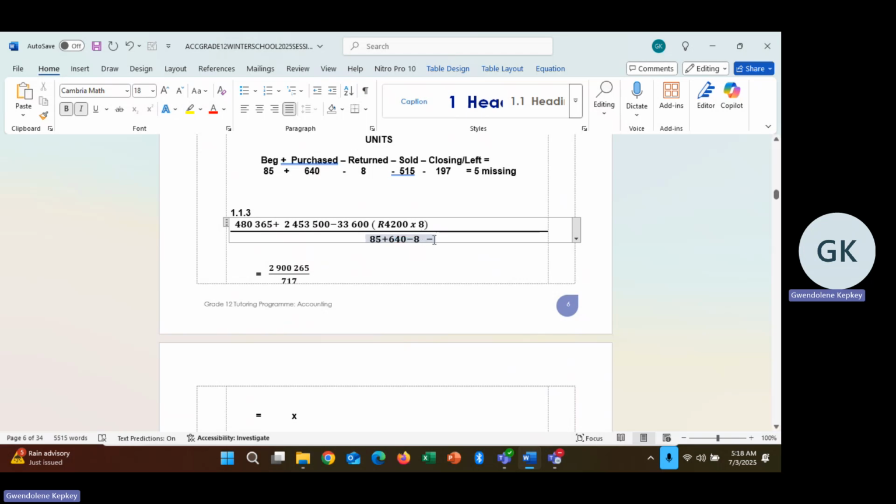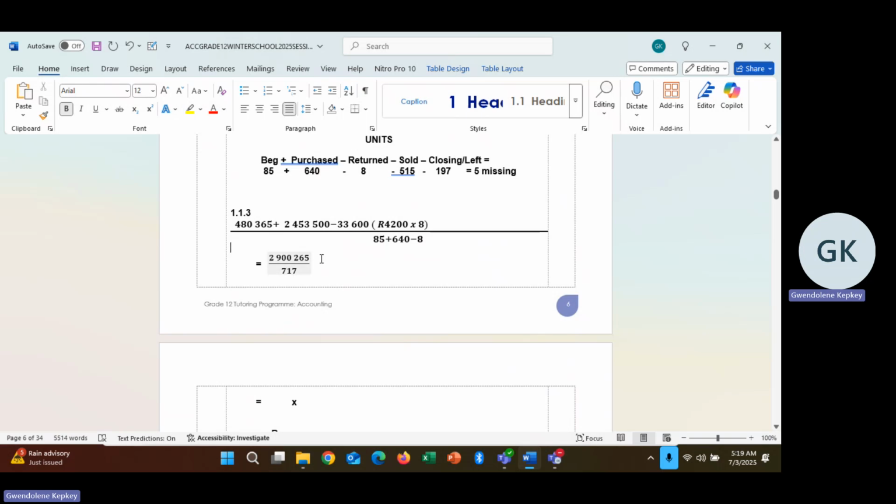If I do that calculation with the number of items as my denominator, I should come to a total of 717. Let's give you time just to find out if you come to the same number of items as my denominator.